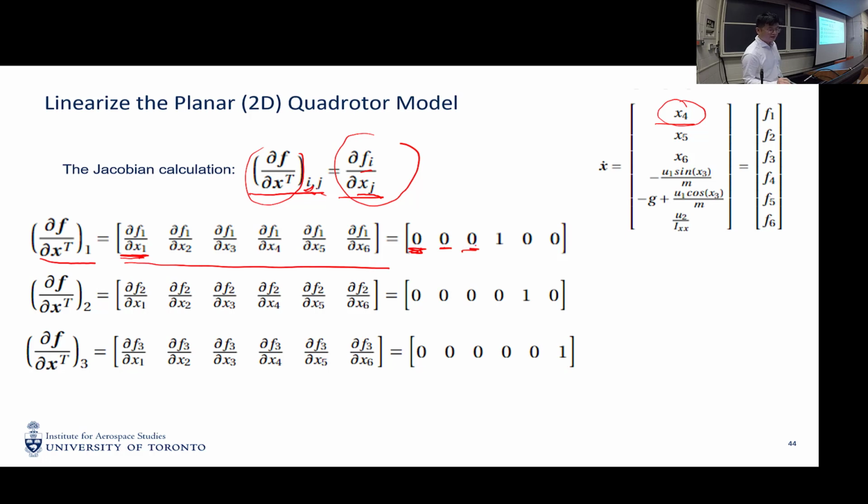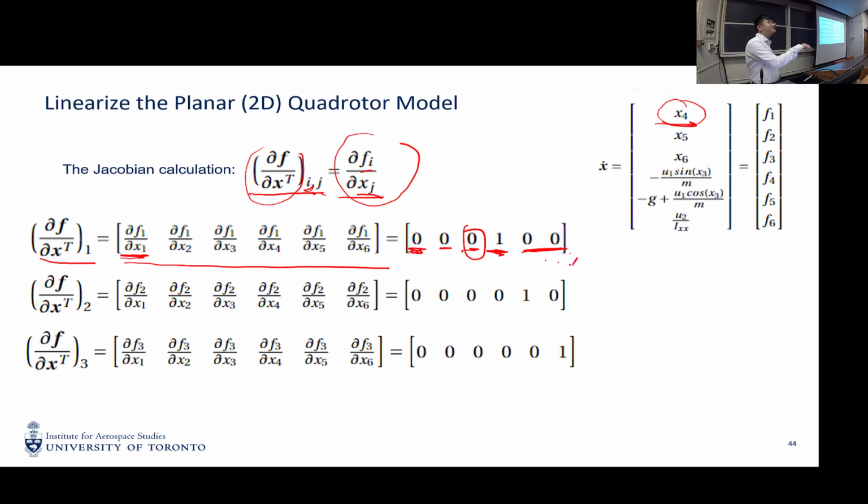The same for the third element, which is also 0 because it has nothing to do with x3. The fourth element is 1 because it contains only x4. So partial f1, partial x4 is 1. And similarly for x5 and x6, the Jacobian here is 0.